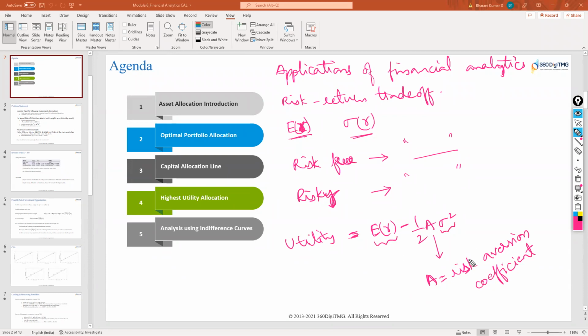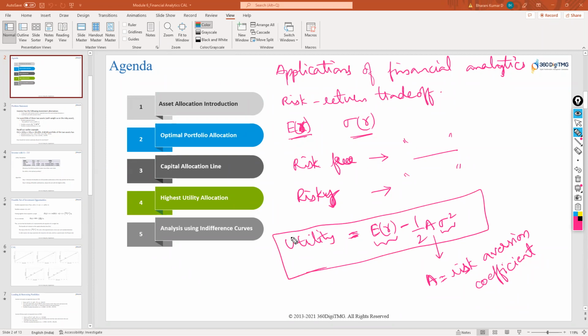Sigma is the risk. Depending on this A, the conclusion will be on whether investing completely in the risk-free asset is a good idea or investing completely in the risky asset is a good idea. Which one is a good idea completely depends on this utility function.